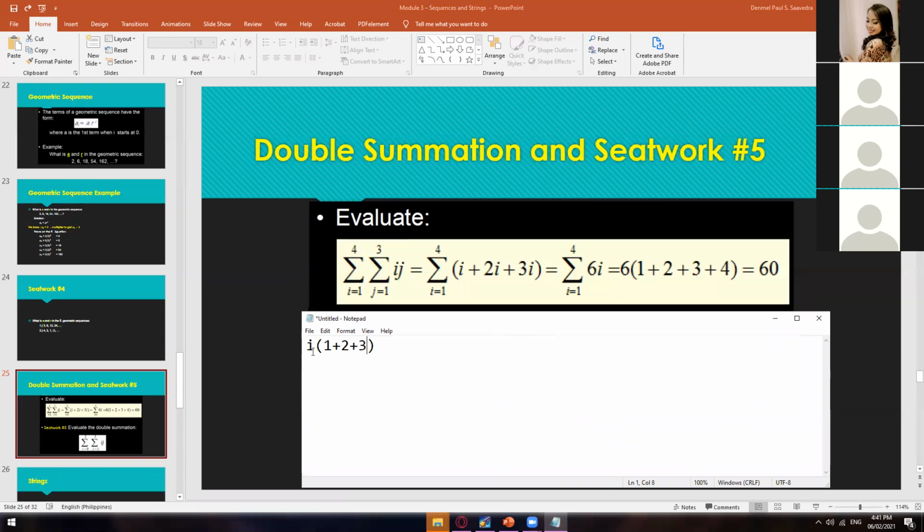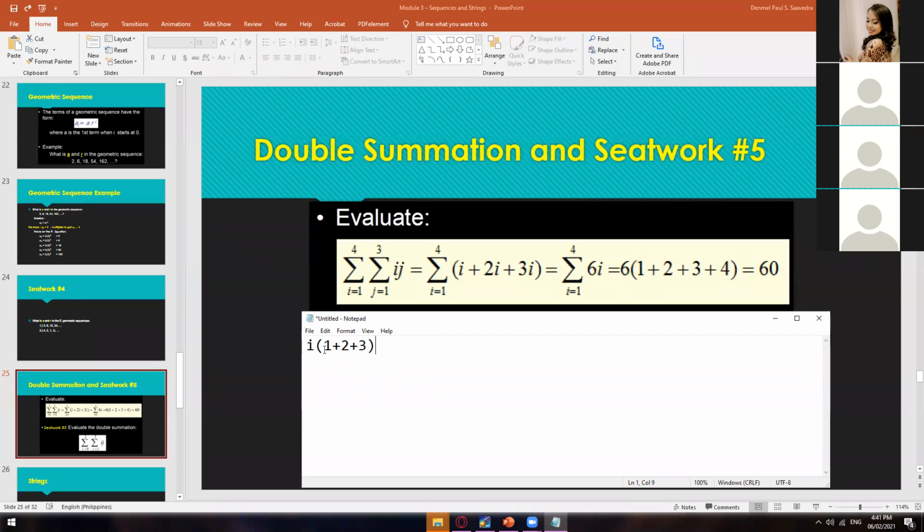And then as you can see, we just distribute this i inside the parentheses. That's why we now have i plus 2i plus 3i. And then we simplify this further, so just add everything since they have the same variables. So it's now a total of 6i.